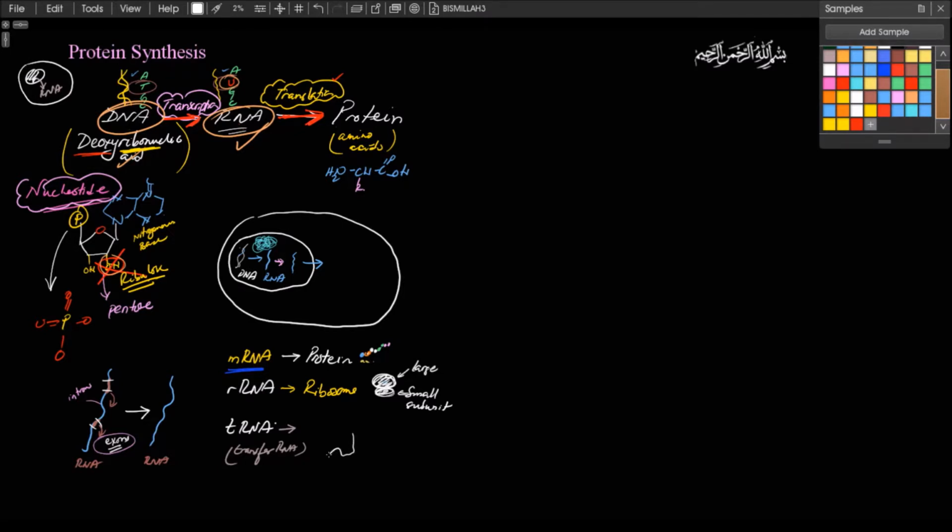This is a cartoon picture representation, of course. A hairpin kind of loopy thingy, like this. It's a single strand, but it coils on itself, and these coils are held together by hydrogen bonds between the nucleotides.